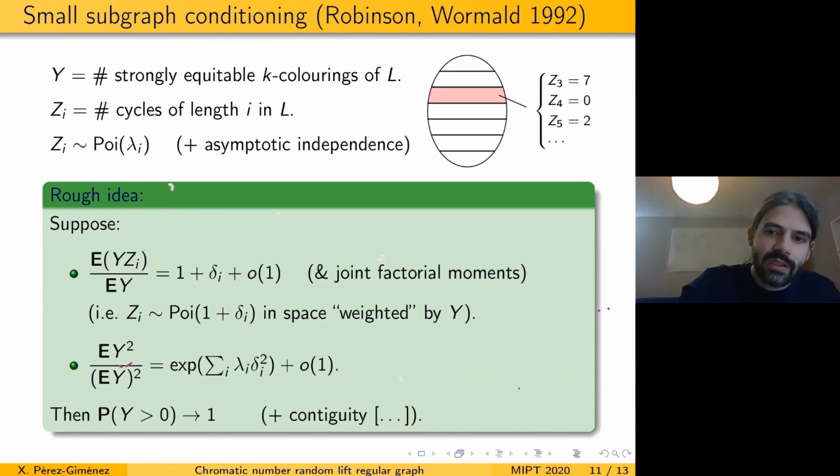You apply this fancy result as a black box. What you do is you compute some factorial moments, basically. You do some calculations, you compute things that look like this.